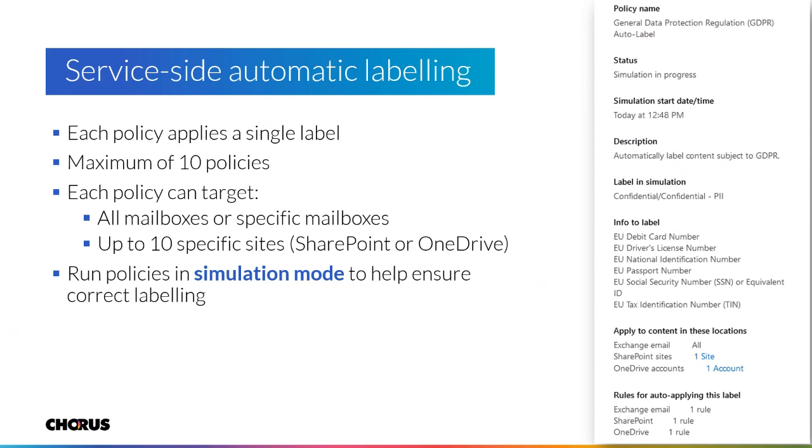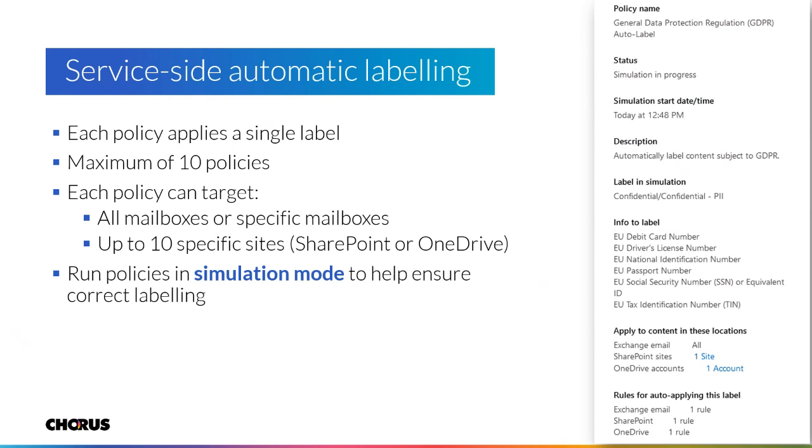It's not universal, not at the moment anyway. So you can have a maximum of 10 policies, and each of those policies can target up to 10 specific SharePoint sites or OneDrives. So it is designed to be targeted. It's not designed to be kind of go away and scan all of my SharePoint sites, all of my OneDrives, and label everything automatically.